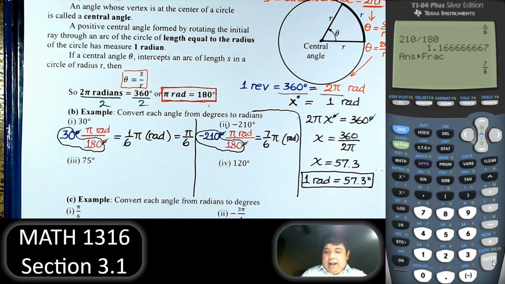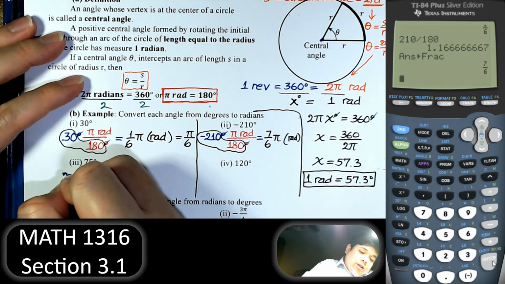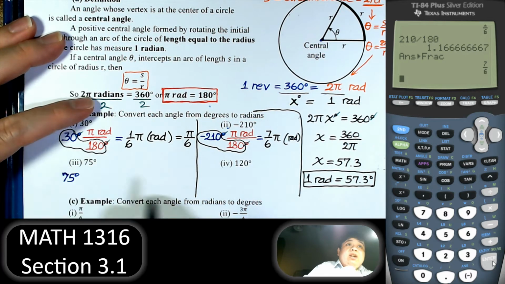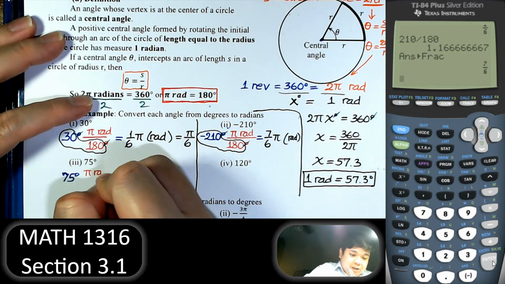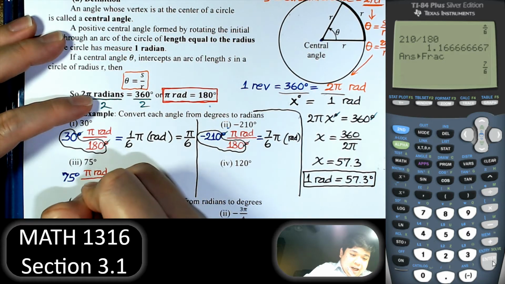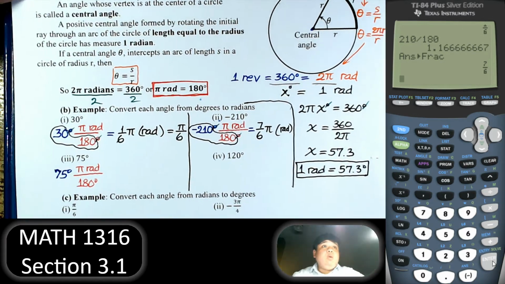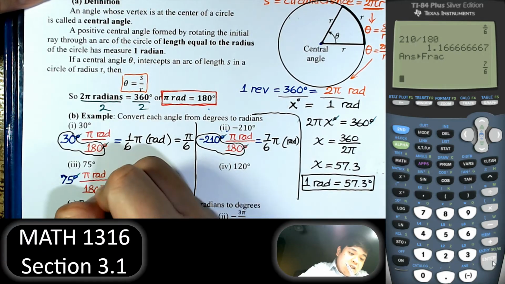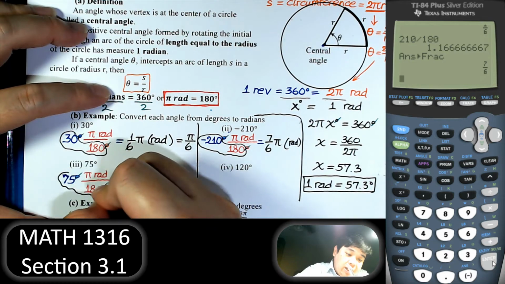Right. Again, if we want to convert degrees to radians, we're going to put pi radian on the top and 180 degrees at the bottom. If it works out, the degree will take care of itself, like cancel here, and 75 over 180.